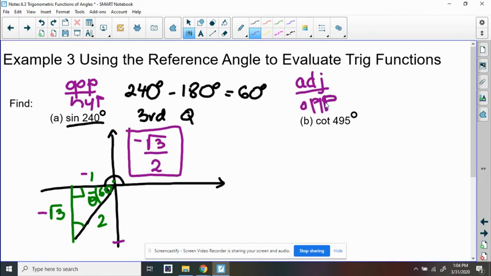We can see that we definitely went around the circle one time because it's more than 360 degrees. If we subtract 360 degrees from that, we get 135 degrees. So again, let's try to draw the diagram.